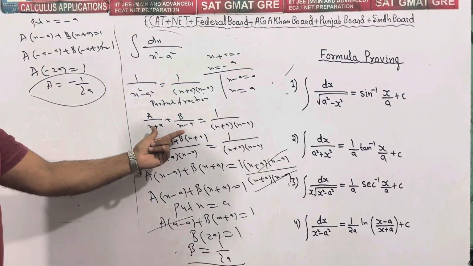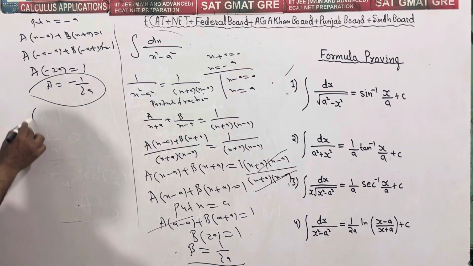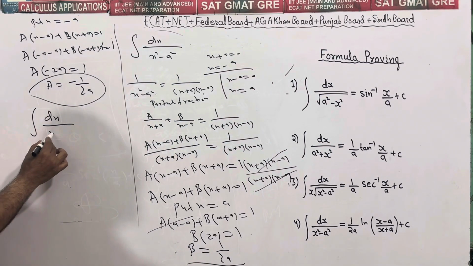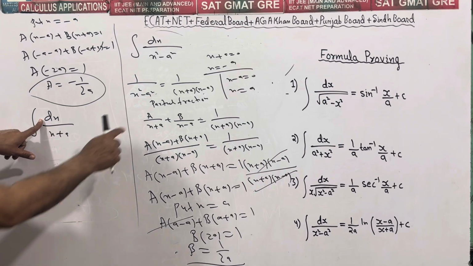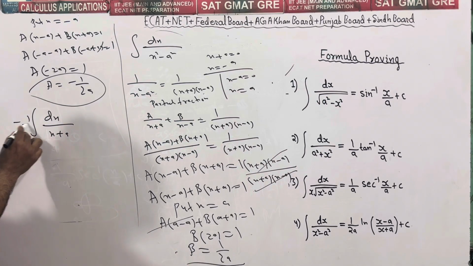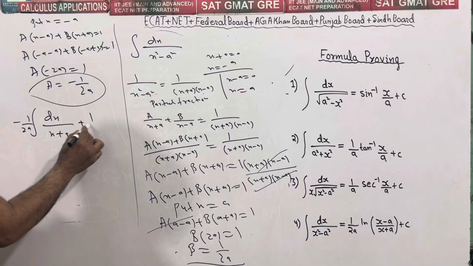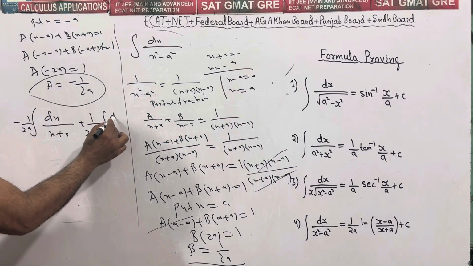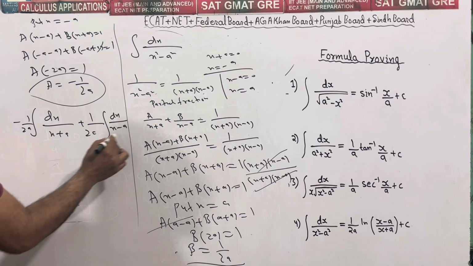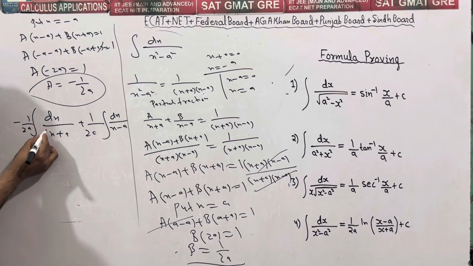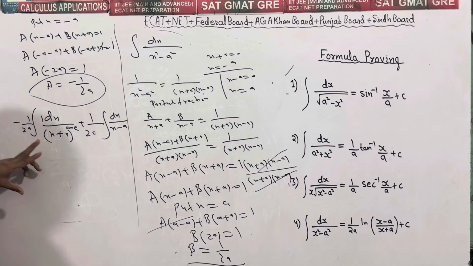Utilize these here and integrate. We have dx over x plus a, with the value of A being minus 1 over 2a, plus the value of B, 1 over 2a, dx over x minus a. Now it's our function. The differentiation of x is 1 and the overall power is 1, so it is a case of ln.